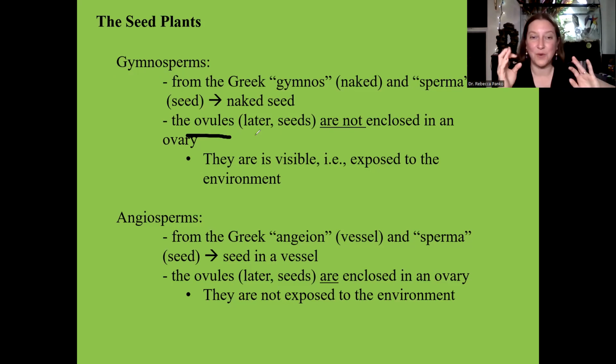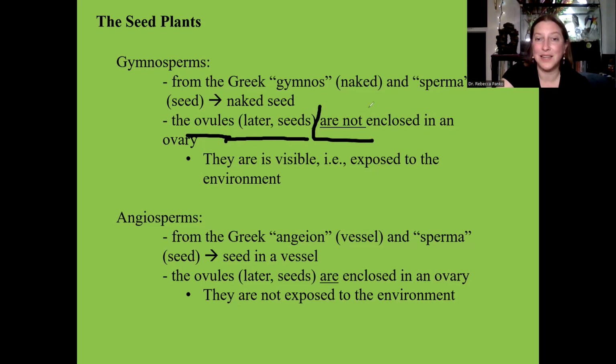But here, the ovule, remember, has in it a female gametophyte plant with an egg, right? But eventually the ovule gets fertilized, and then it is not called an ovule anymore, it's called a seed. So that's what I mean here when I say the ovules and later seeds are not enclosed in an ovary.